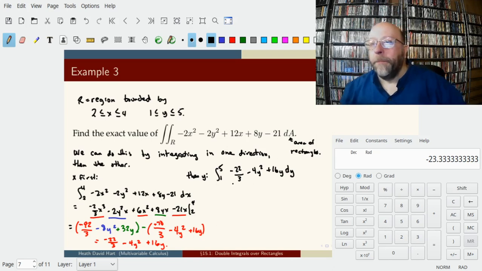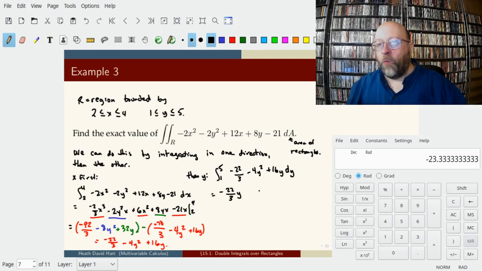All right. The integral of negative 22 thirds is negative 22 thirds y. The integral of 4y squared is 4y cubed over 3, so 4 thirds y cubed. And the integral of 16y is 8y squared. And then we have to evaluate that from 1 to 5.